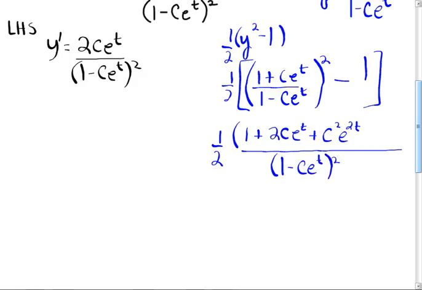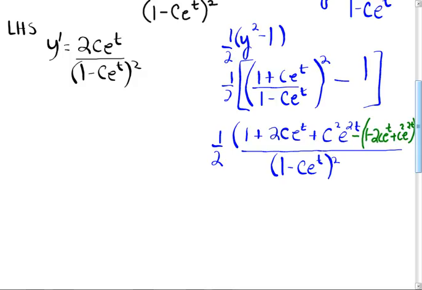But now I have to subtract off the 1, which is the denominator squared, right? So I do have to square that one. Okay, so that's going to be minus 1 minus 2c e to the t plus c squared e to the 2t. Sorry, I ran out of room.